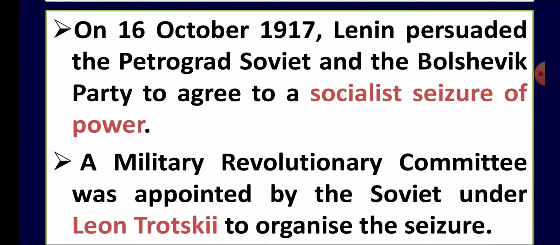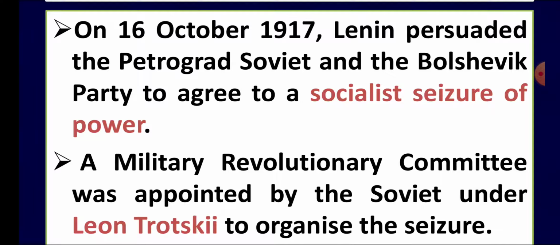Now they decided to seize the power, to take power in their hands from these Mensheviks. A military revolutionary committee was appointed by the Soviets under Trotsky to organize the seizure. Seizure here refers to getting the power of the state.